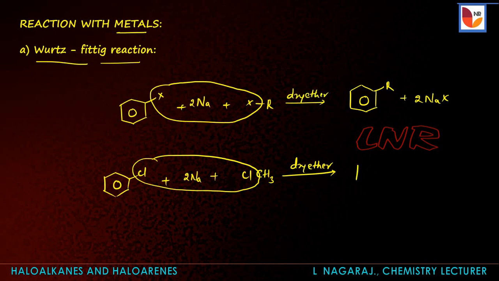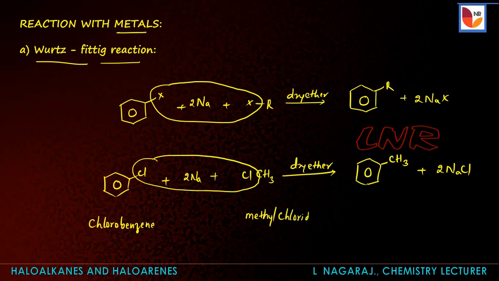So it gives the product, that is Cl replaced by the methyl group, plus the byproduct is 2 moles of NaCl. That is, when chlorobenzene reacts with methyl chloride in the presence of sodium and dry ether, it gives toluene.